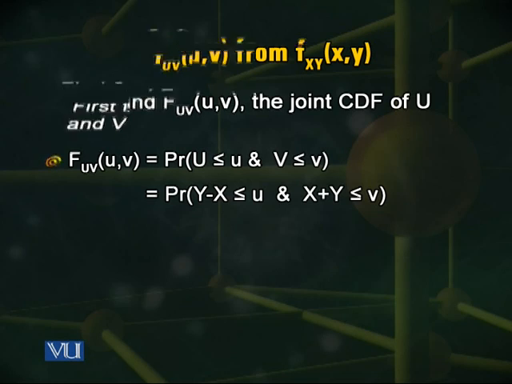So as values of small u and v increase, starting from -∞ going all the way to +∞, more and more region of uv plane is included, and this bigger and bigger region of uv plane is transformed to the corresponding region of xy plane, and from that corresponding region of xy plane we can find the CDF of u and v by integrating the joint PDF of x and y over that corresponding region on xy plane.